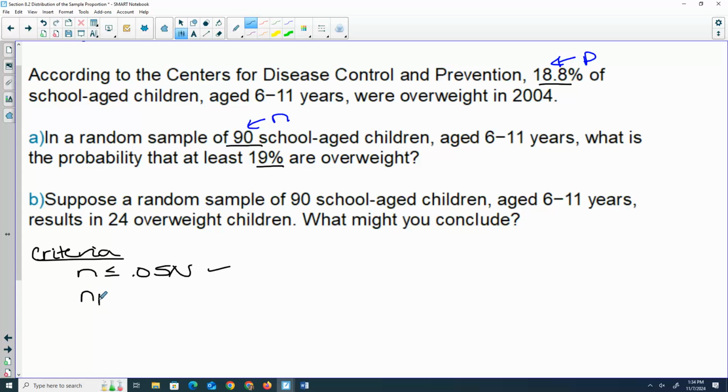The second one we can check. We need to see if N times P times 1 minus P is greater than 10. So my N is 90. My P, change it to decimal form, so 0.188. 1 minus 0.188.